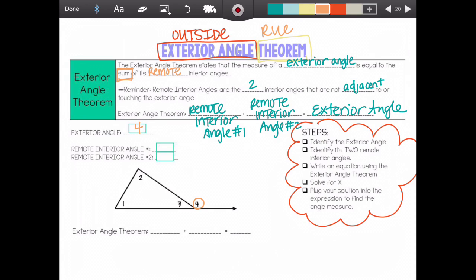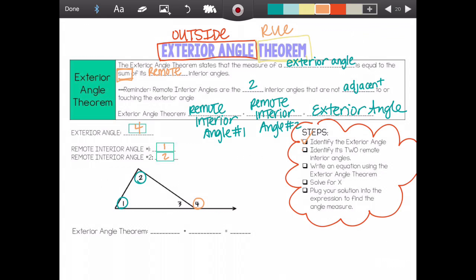And again, we have to locate the exterior angle first to identify its remote interior angles. In this case, the remote interior angles to angle 4 are angle 1 and 2, because again, they're inside of the triangle, but they're not sharing a side with the exterior angle. So angle 1 and 2.